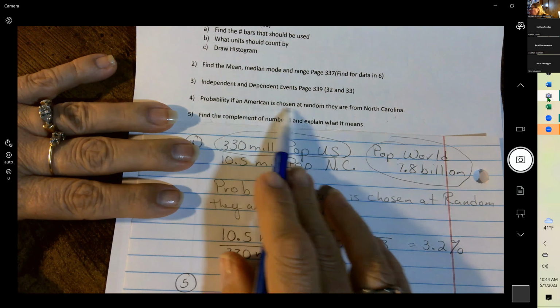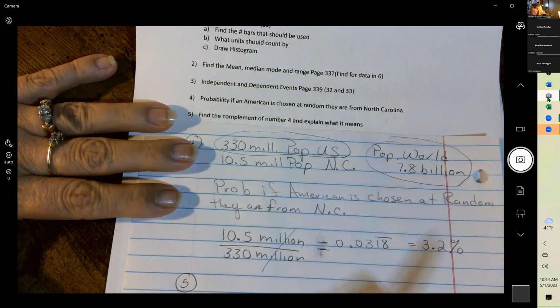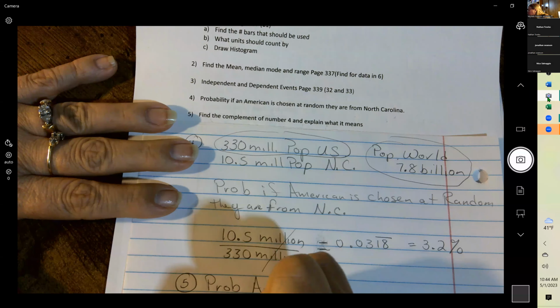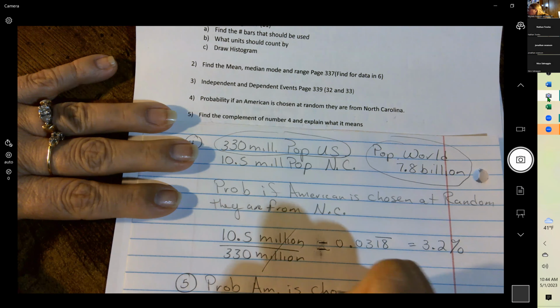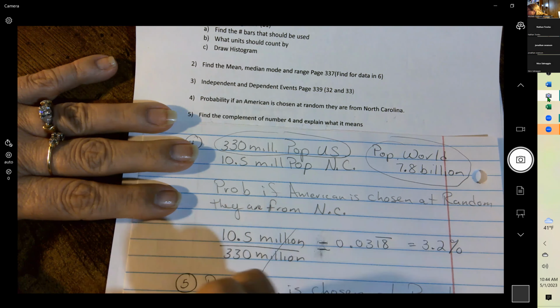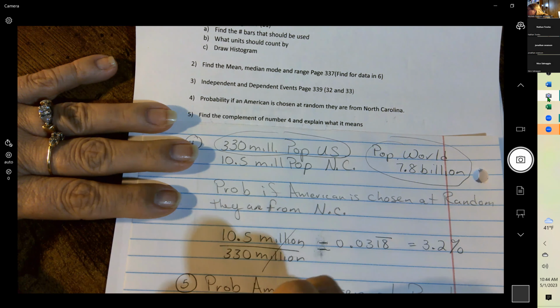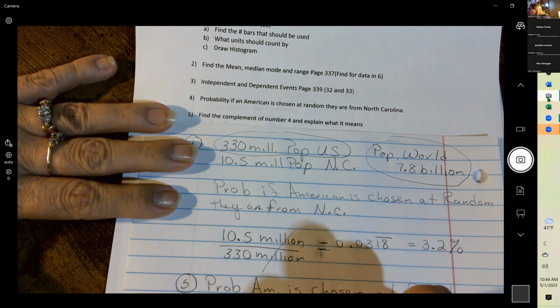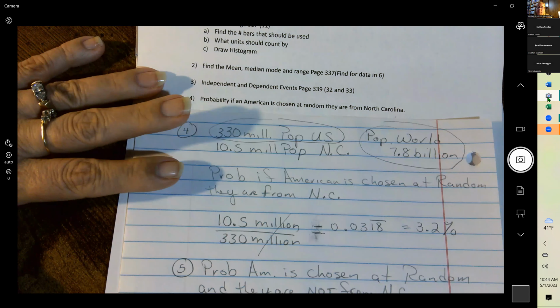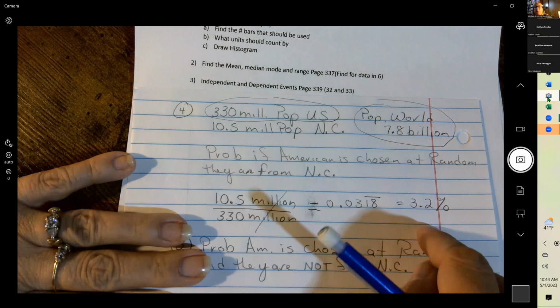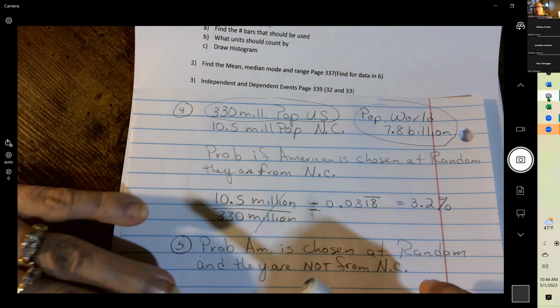If this is the probability a person chosen at random is from North Carolina, the complement is the probability an American chosen at random is not from North Carolina. So the complement is the opposite. It's everything else. If 3.2% are from North Carolina, the rest are not.